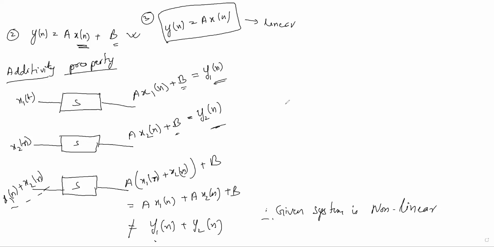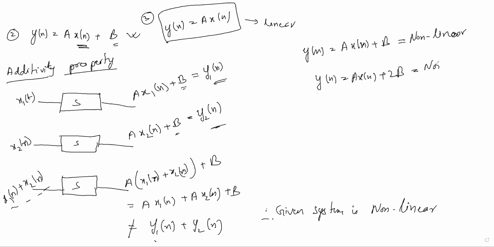But if y of n equals a x of n plus b, where some constant is added to the system, then it is non-linear. If in another problem y of n equals a x of n plus twice b, that is also non-linear. If some constant is added to the signal, then those systems are non-linear. Is it clear?